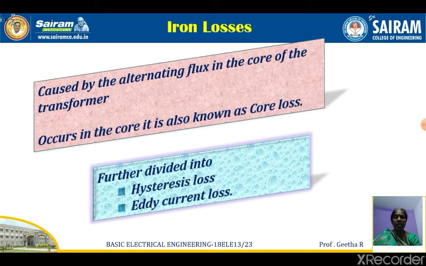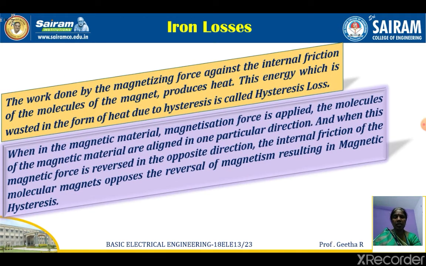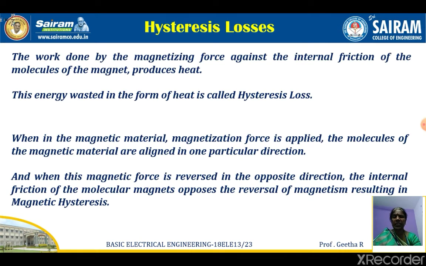The iron loss or the core loss can be further divided into hysteresis loss and eddy current loss. The hysteresis loss is nothing but the work done by the magnetizing force against the internal friction of the molecules of the magnet, which produces heat. This energy wasted in the form of heat is called hysteresis.